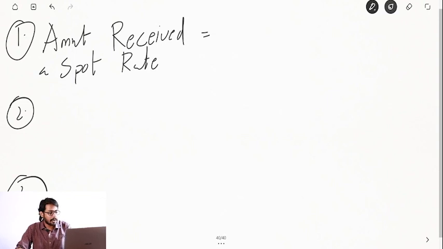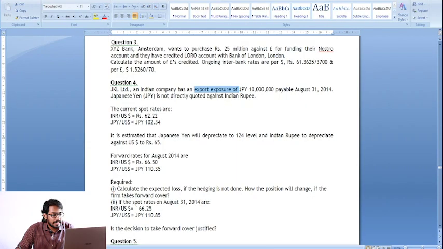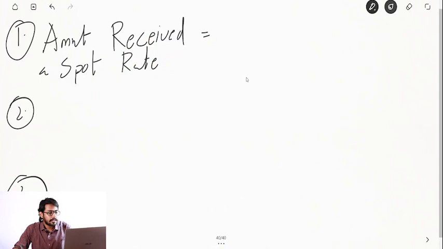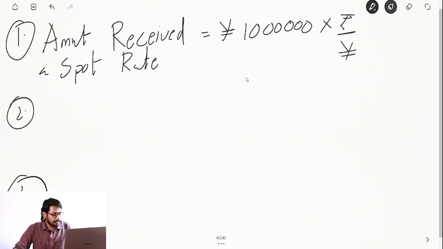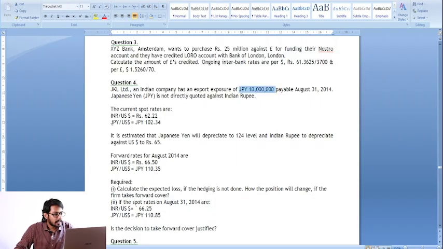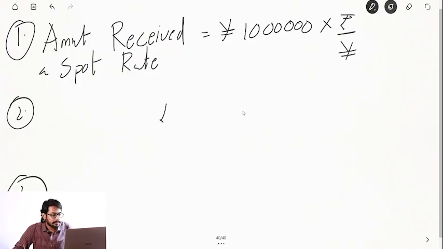What is the amount receivable at spot rate? Your export exposure of 10 lakh yen. So, yen 10 lakh into rupee by yen. What is rupee by yen? You have to find that out. Spot rate rupee by dollar, you know rupee by dollar.